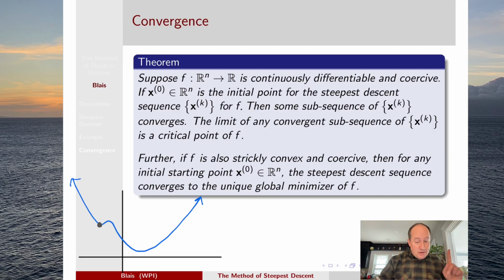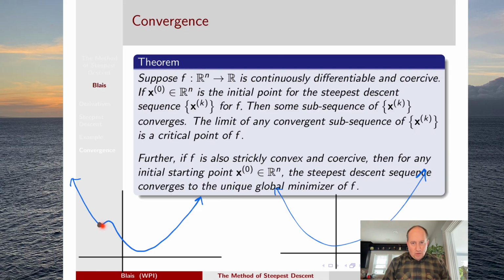If it's also convex, you can't have this, because this point here would break the definition of convexity. So if you have convexity, you have something that looks more like this, and you can't get these local non-global minima, and this is the case where steepest descent is going to find that global minimum for you.